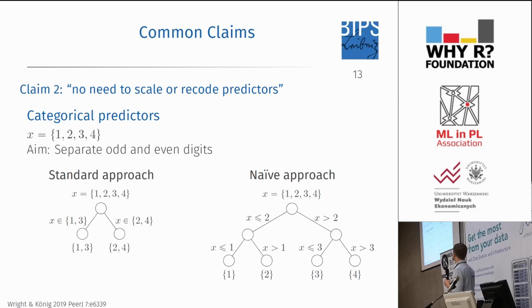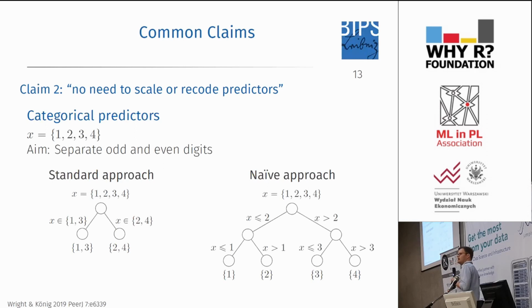For recoding, it gets a little bit more complicated. Imagine you have a categorical predictor with values 1, 2, 3, 4, and you want to separate the odd from the even digits. In the standard approach, also called the partition approach, the algorithm checks all two-partitions of the categories, and in one split it's easy to separate the odd and the even digits.